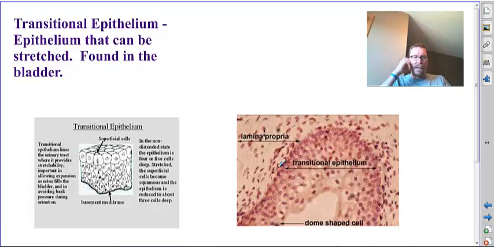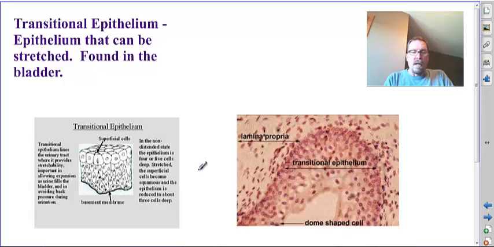Now, a couple that don't quite fit the mode that we were talking about, and there is also stratified cuboidal and stratified columnar. So for the sake of the length of the tutorial, we're not really going to discuss them, but they have functions also. You have transitional.